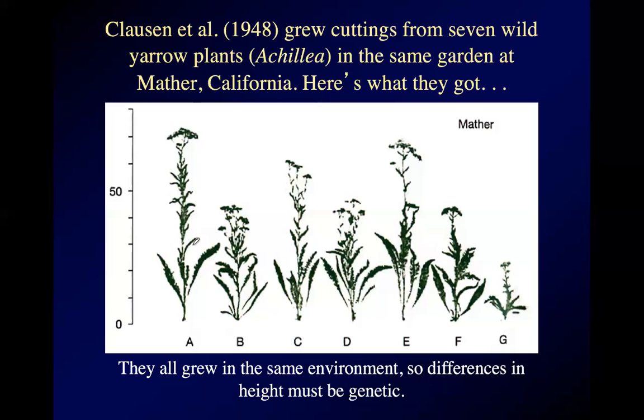They're all growing in environments as identical as possible. So that means that we have no environmental variance. So the differences between these plants have to be genetic, right? And you can see plant A is growing very tall, plant E is second, plant G is not really going anywhere. All of these have to be caused by differences in genes, right?